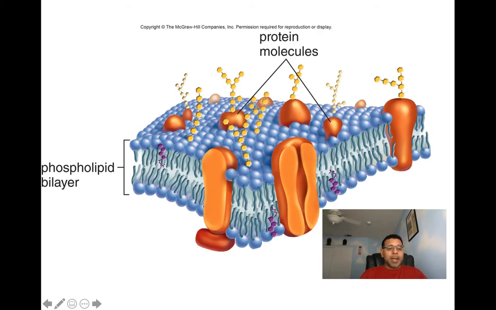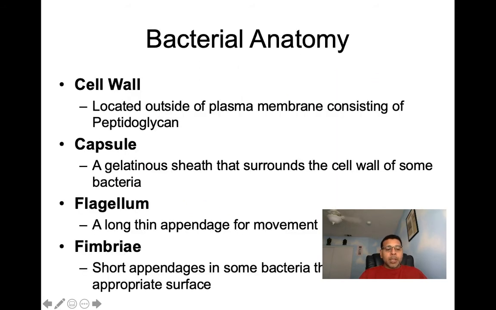Again, when we talk about bacterial anatomy, you'll see they have a cell wall. The cell wall is going to protect them. It's located outside of the plasma membrane, consisting of peptidoglycan. Some bacteria can even have a capsule around them.